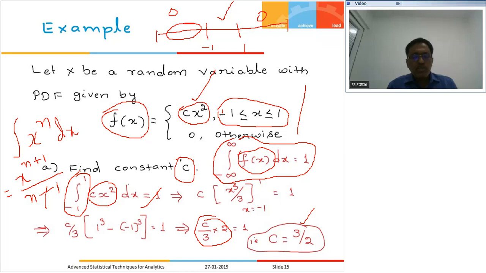While doing so, c is a constant which we take out, and the integral of x square is x cubed by 3, which equals 1. Now we simplify the left-hand side, substituting upper limit 1 minus lower limit minus 1 as shown here. So c by 3 times upper limit minus lower limit, which becomes 2, that is 1 plus 1. C by 3 into 2 is 1, and c is 3 by 2. This is how we calculate the c value.